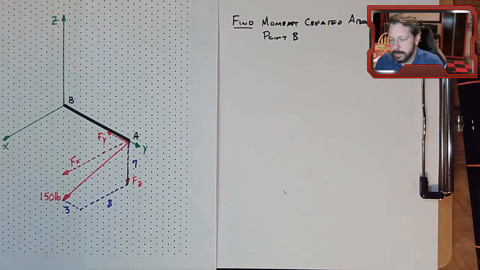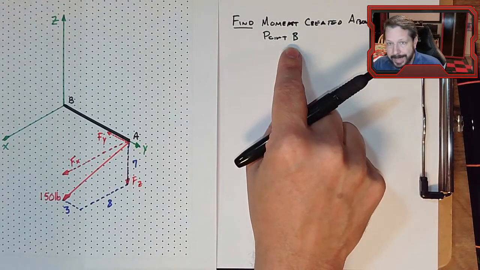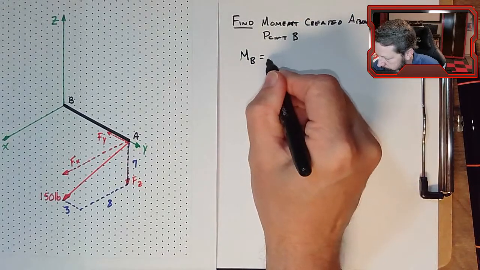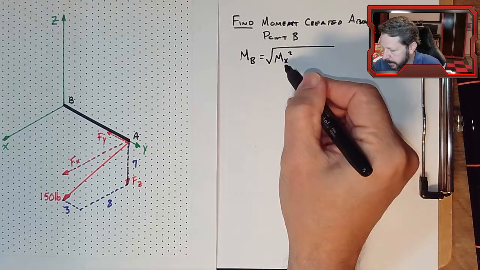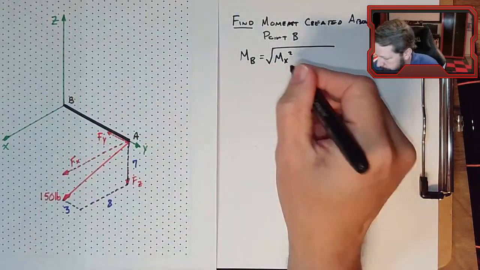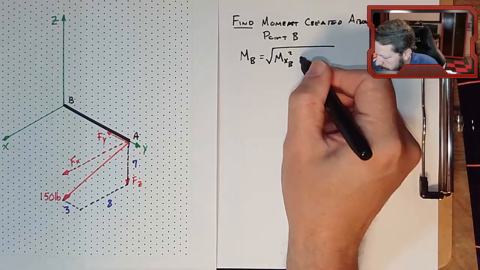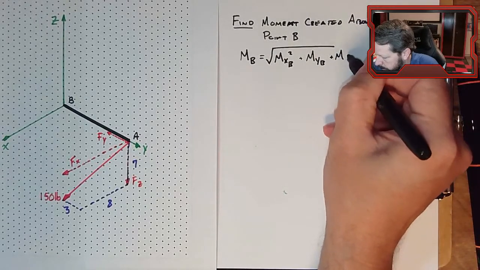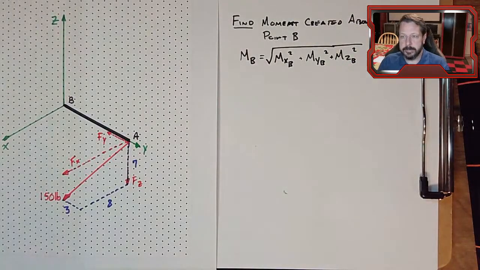Moment created about point B by this 150-pound force at the angle that it's at. So if we define that as moment about B, it actually is the individual moments, the moment that is created about the x-axis at B. We'll put the B down here. Squared plus the moment about the y-axis at point B and the z-axis. All of those squared. So that's how we calculate the entire moment.